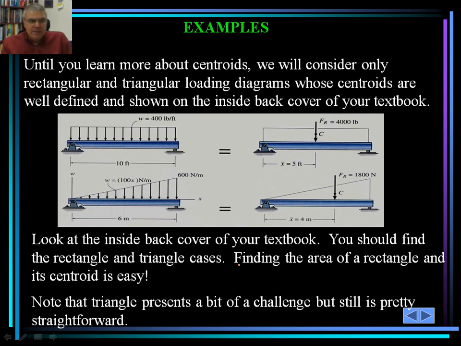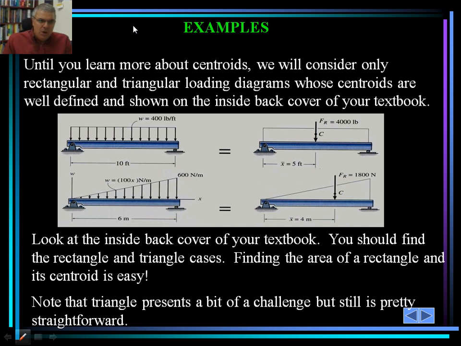Let's take a look at some examples here, because our discussion would not be complete without providing you some examples. So for now, until you learn about centroids later, we would look at some of these rectangular and triangular loading diagrams.